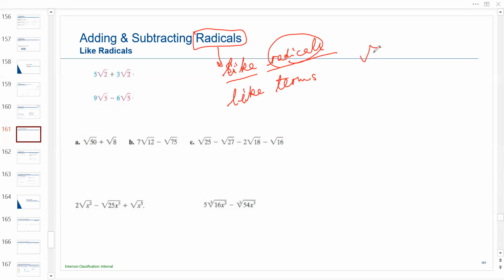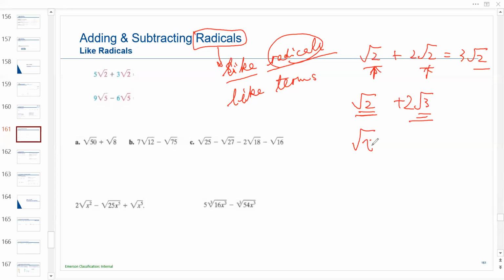So if you have a square root plus 2 times that square root, we can change it to 3 square roots. This is like terms. But if you have the square root of 2 and the square root of 3, you can see the radicands are different. They cannot combine. So first we need to simplify, right?